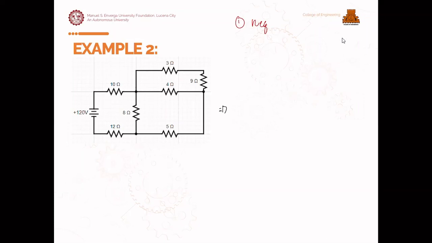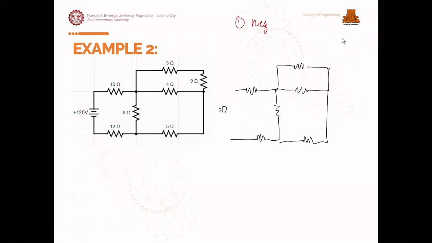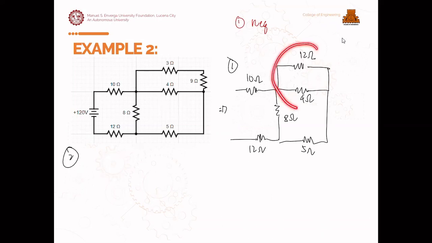Okay? So, let's start. So, yung magiging kasunod na diagram nito, hindi ko na drawing yung ano, no? So, this will be isang resistor na lang. Okay? So, since series siya, magiging 12 ohms to, 4 ohms, 5 ohms, 8 ohms, 12 ohms, tsaka 10 ohms. Okay? Next, pag-combine natin yung dalawang nakaparallel na yan.